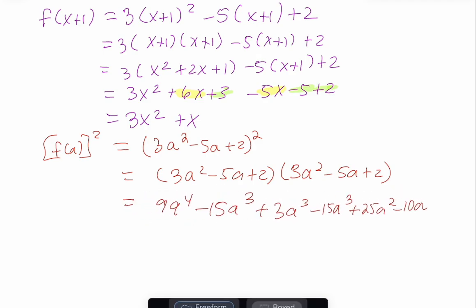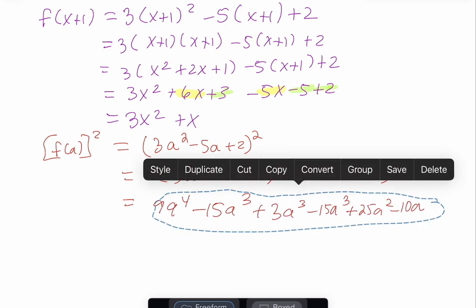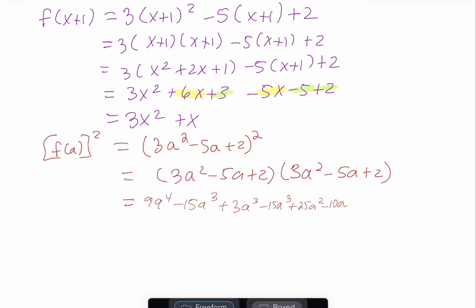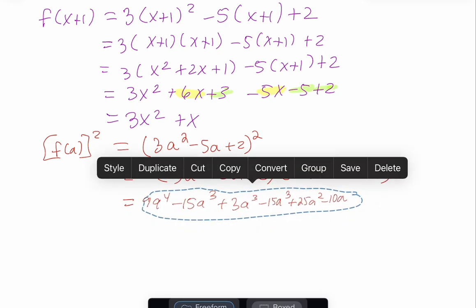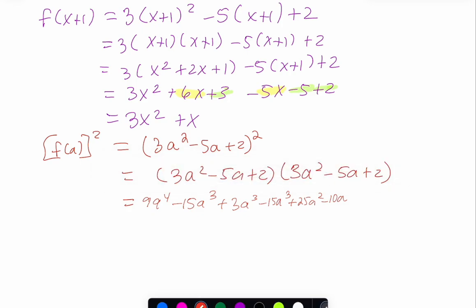Now I will tell you, the algebra in a calculus class itself is not super difficult, but it's very easy to make stupid mistakes because of these long expressions. Okay, now I'm going to distribute the 2. I'm going to get 6a squared minus 10a plus 4.